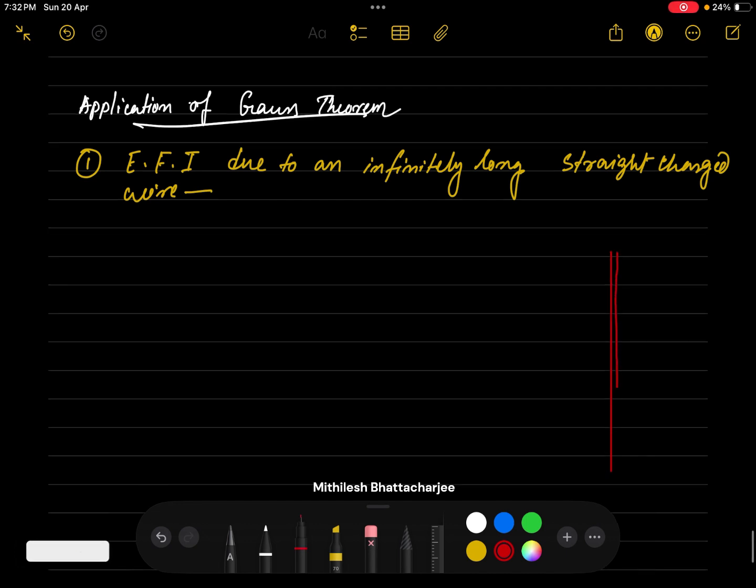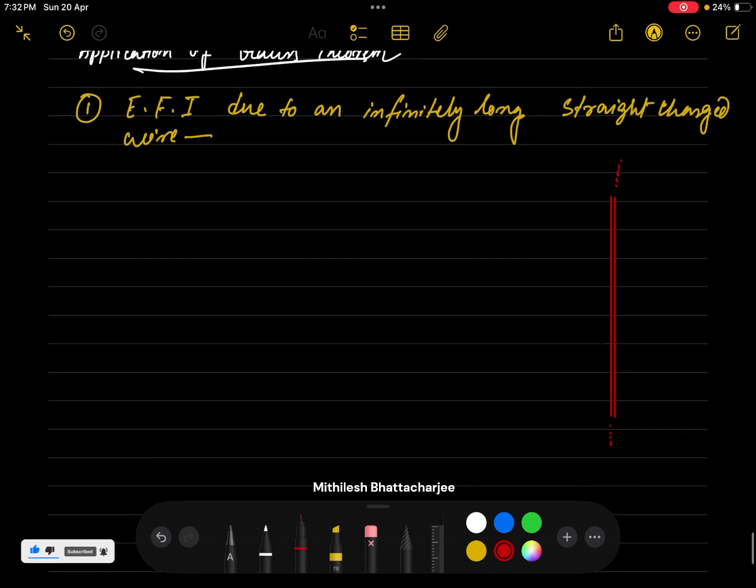So this is the wire. And this is infinite long. And this is charged. So we have to find the electric field intensity by using Gauss theorem. This is easy, let's see.